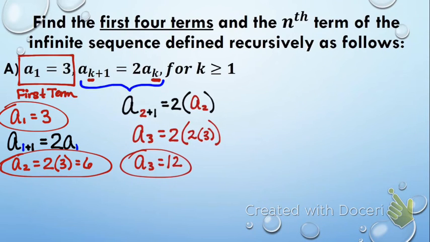Try to find the fourth one now. What is the next term in the sequence? 24.